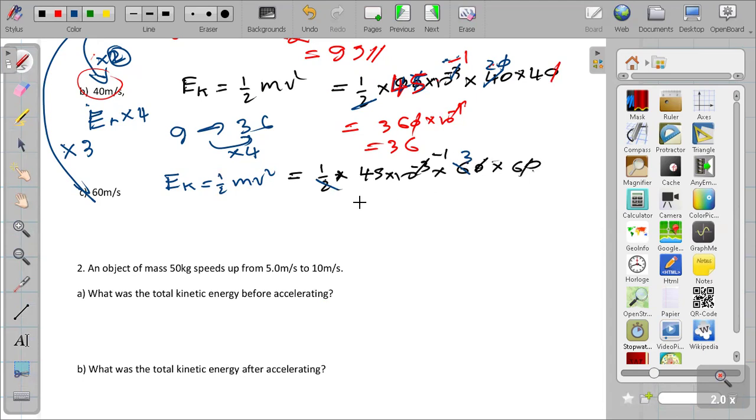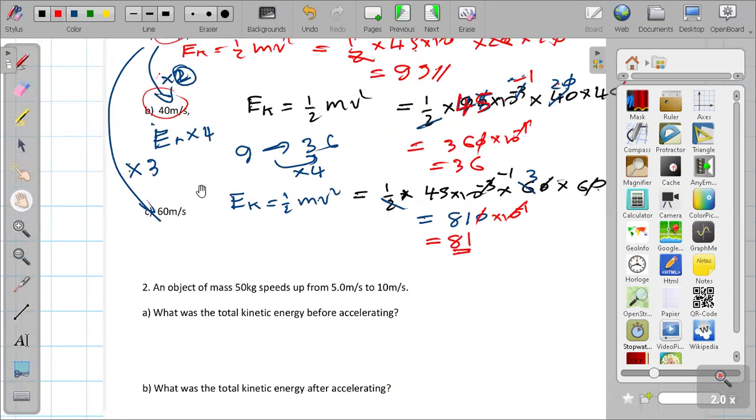Okay. 3 times 6 is 18. 45 times 18. 900 minus, yeah, 450, 900. 900 minus 45 times 2 is like 90, 810. 81.